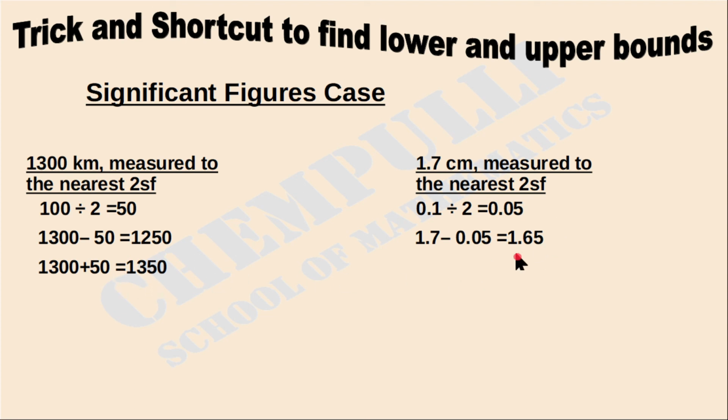For the upper bound of 1.7, 1.7 plus 0.05, we will get the answer 1.75. Then we can write this one as an inequality like this: 1250 less than or equal to x less than 1350. And in this case, 1.65 less than or equal to x less than 1.75.